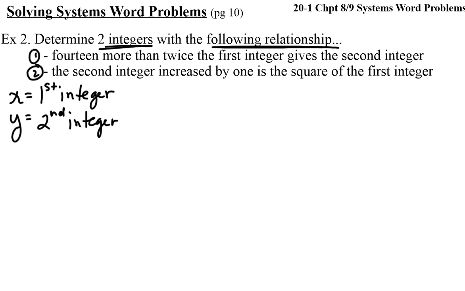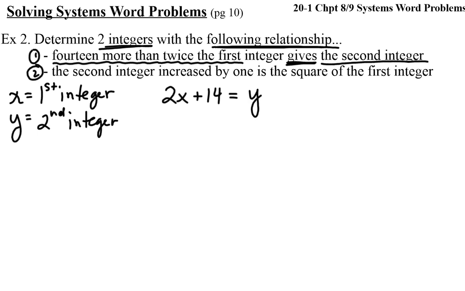Now I can create my equations. It says 14 more than twice the first integer. So twice the first integer, and I need 14 more than that. Gives, which is another way of saying equals, the second integer. So read carefully and break it into steps. There's your first equation.